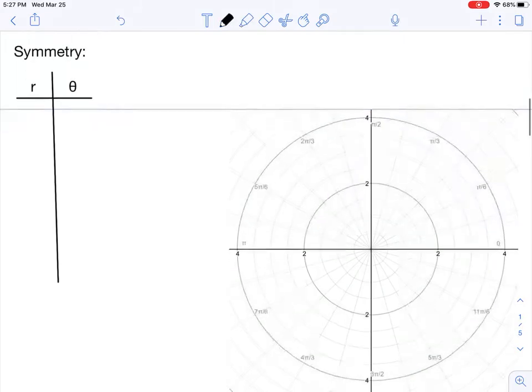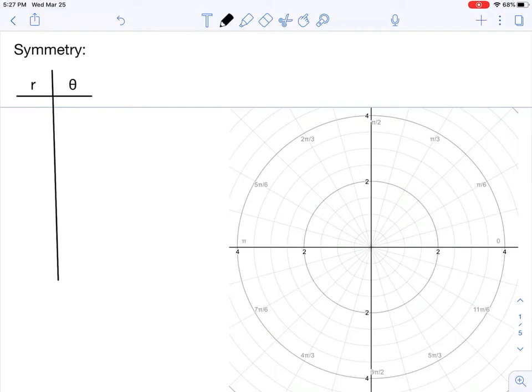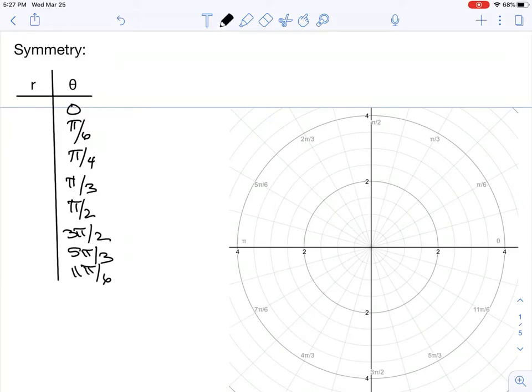We only need one side of it. So, I mean, we can do 0 and pi over 6 and pi over 4, and pi over 3, and pi over 2. But then you really don't want to go into the second quadrant, so maybe we should choose some down here in the fourth quadrant, like 3 pi over 2, 5 pi over 3, 11 pi over 6, and then we'd be back at 0.